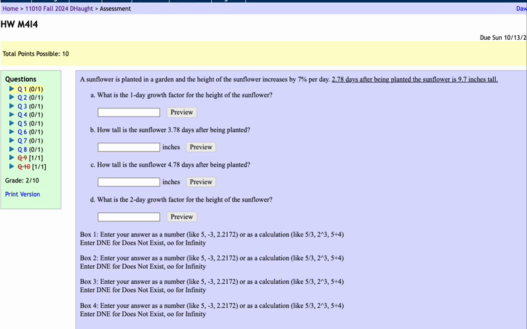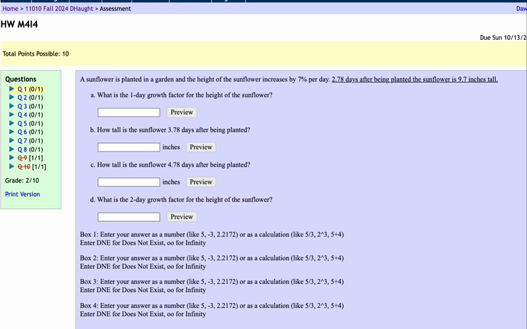2.78 days after being planted, the sunflower is now 9.7 inches tall. What is the 1-day growth factor? Well, let's think about the fact that if it is growing 7% per day, they've given us growth factor information.